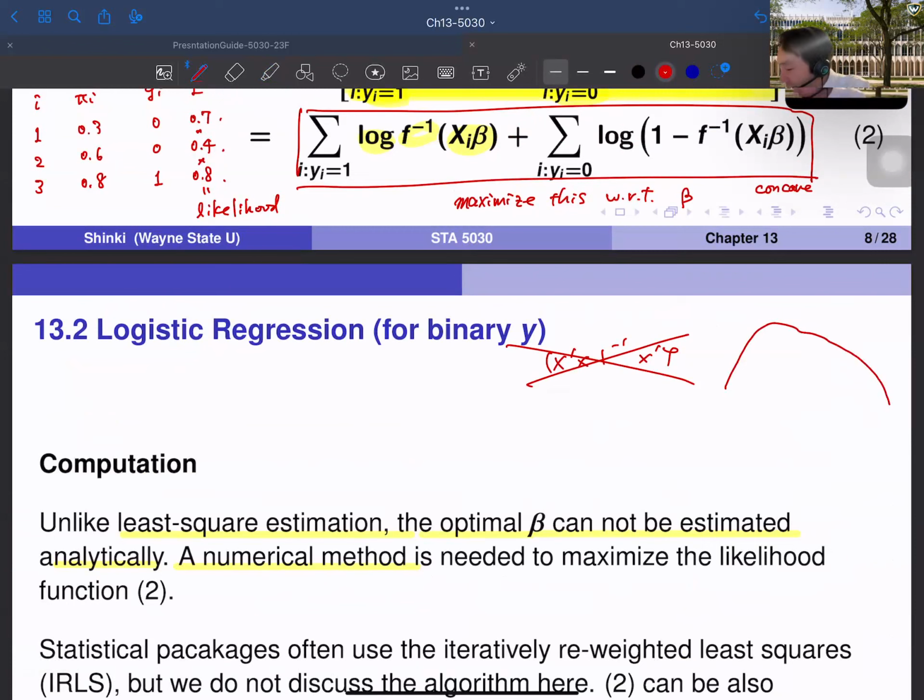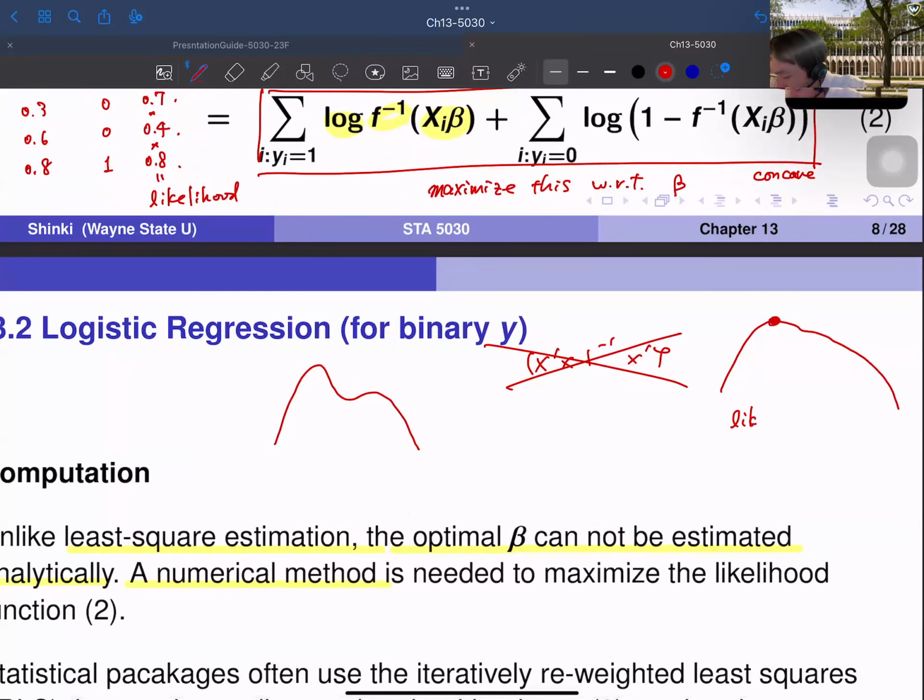So actually we only have one local maximum. So we don't really have any problem with the local maximum issue. So local maximum is equal to global maximum. So that is the likelihood function of logistic regression.